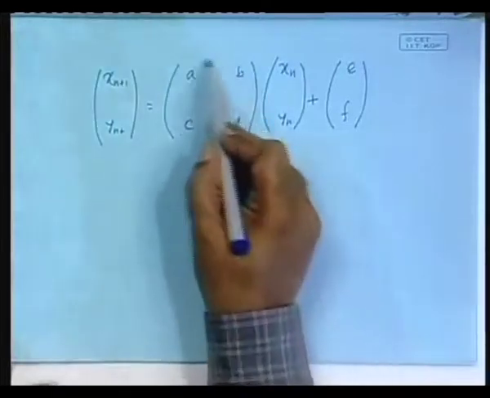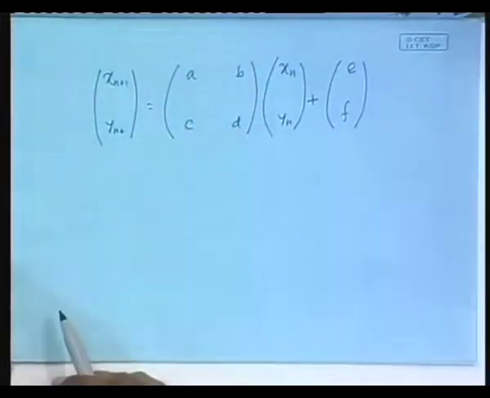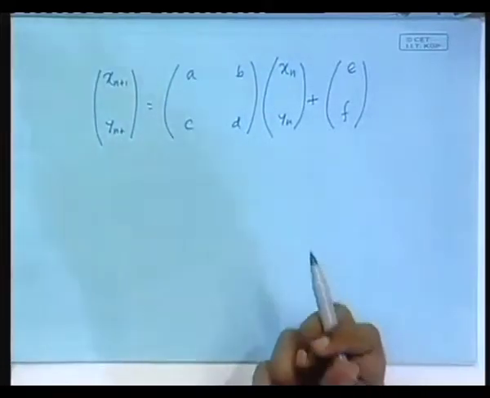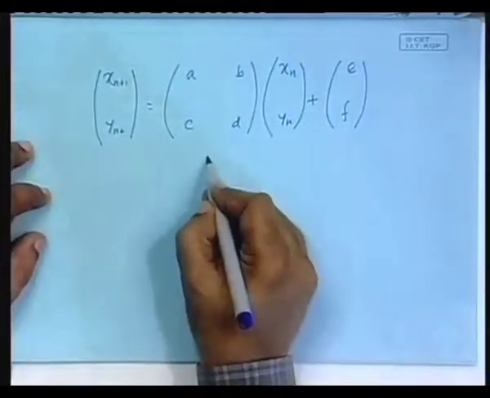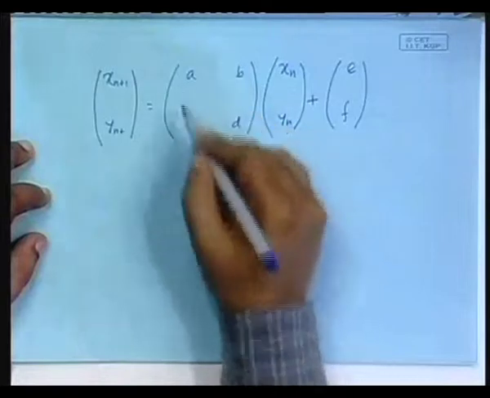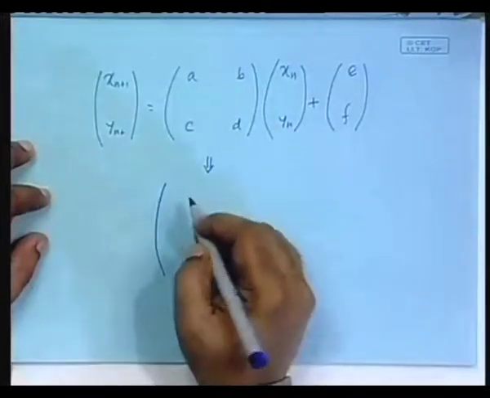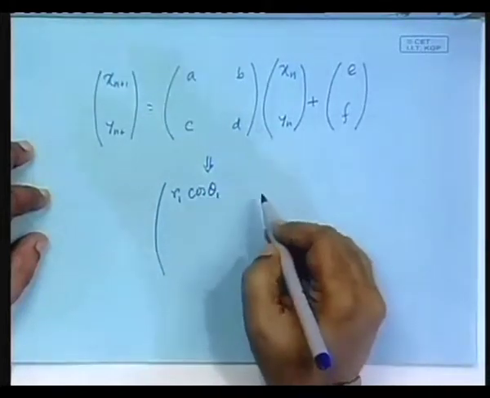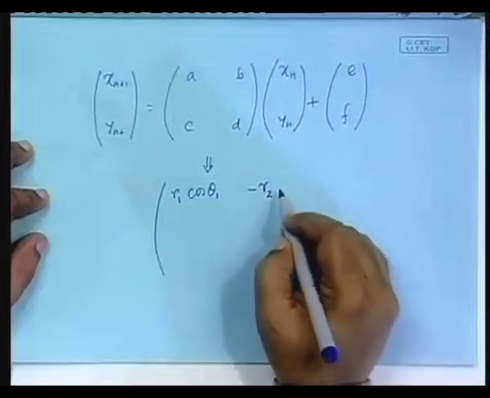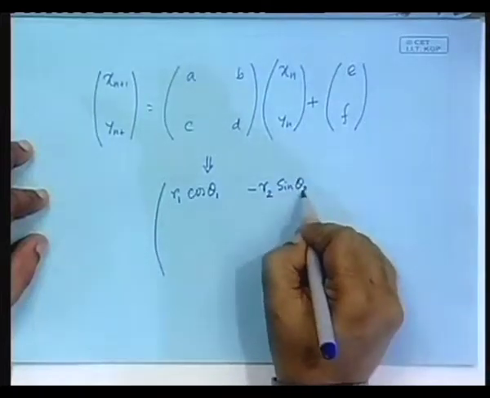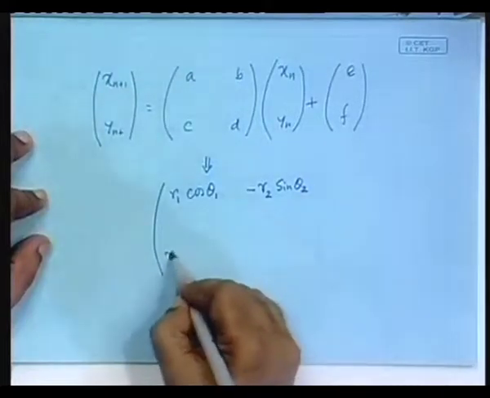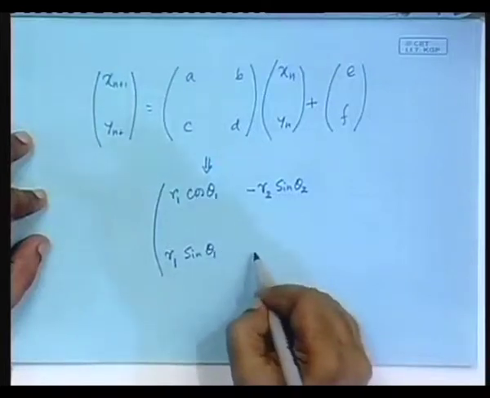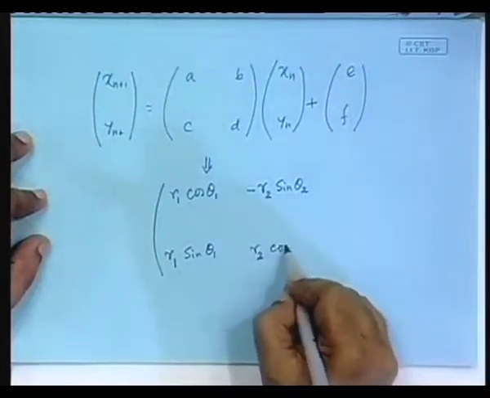In order to visualize what these 4 do, it is easier to represent it in terms of r, theta coordinates, so that this thing can also be written as r1 cos theta 1, minus r2 sin theta 2, r1 sin theta 1 and r2 cos theta 2.